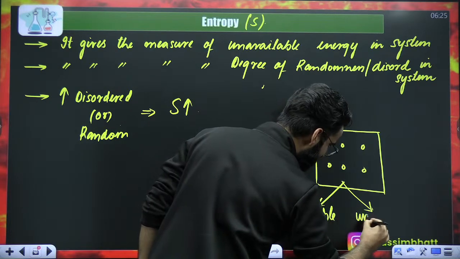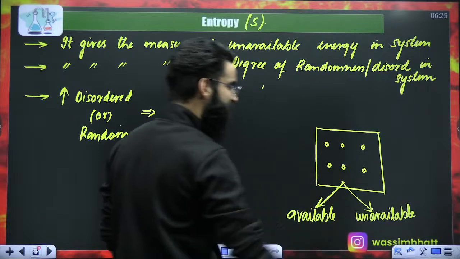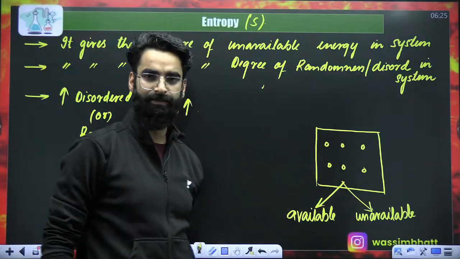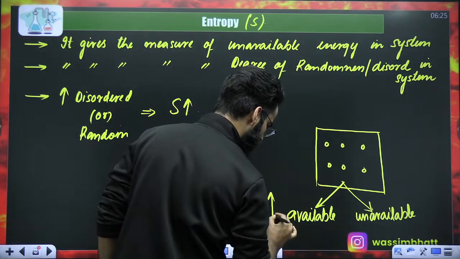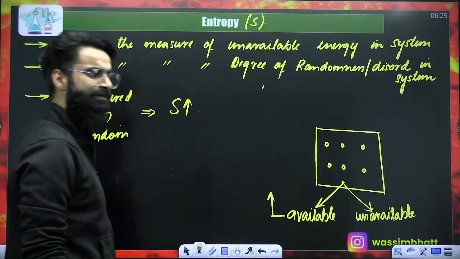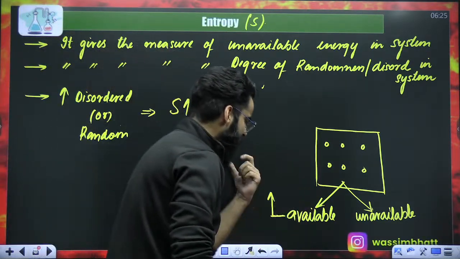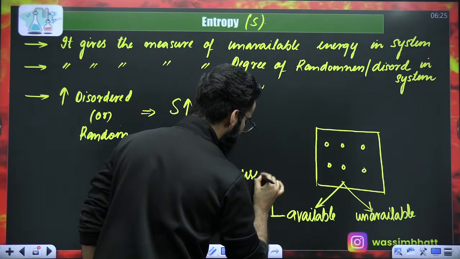One is called unavailable energy. This available energy, what is the use of this available energy? I would say this available energy is converted into useful work.